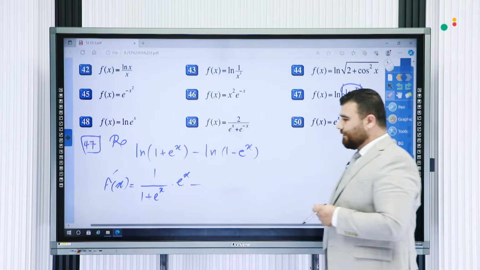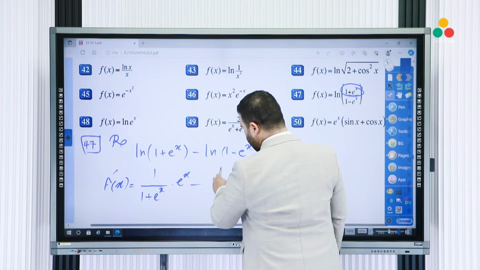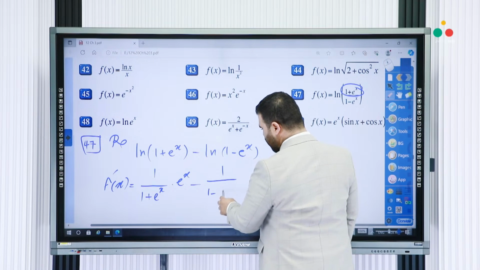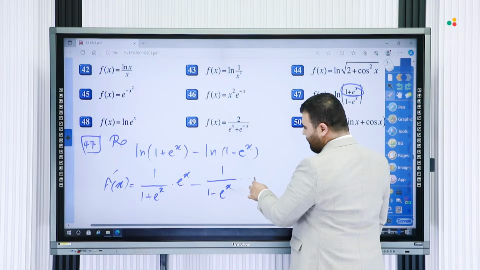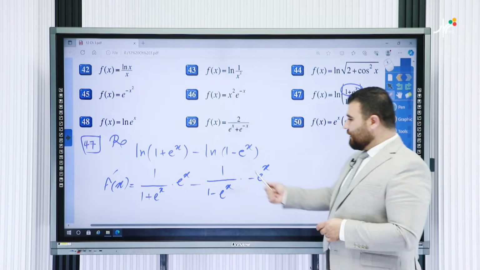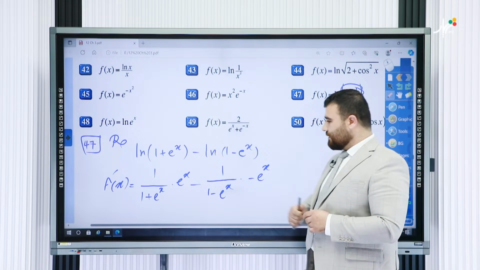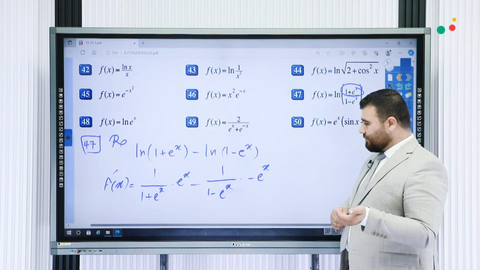Minus ln(1 minus e^x): it will be 1 over 1 minus e^x times the derivative of the inside, which is negative e^x. The derivative of the power, 1, will not change anything.